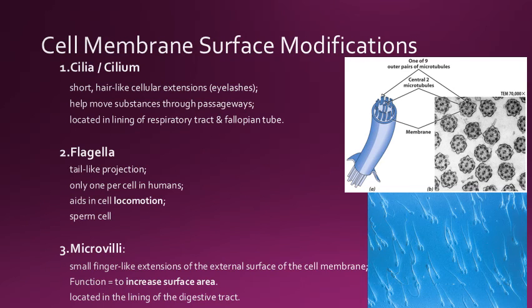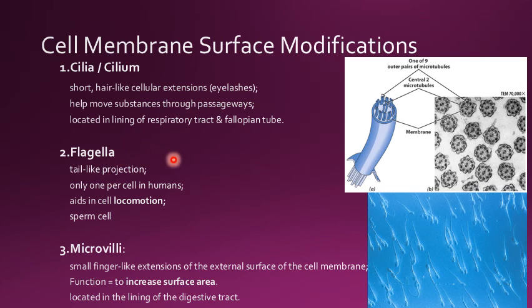There are also little modifications on the surface of the cell membrane. Cilia or cilium, which are short hair-like extensions, kind of like eyelashes, and they help things move through passageways. They're located on the lining of the respiratory tract and the fallopian tubes that go to the eggs and the ovaries.